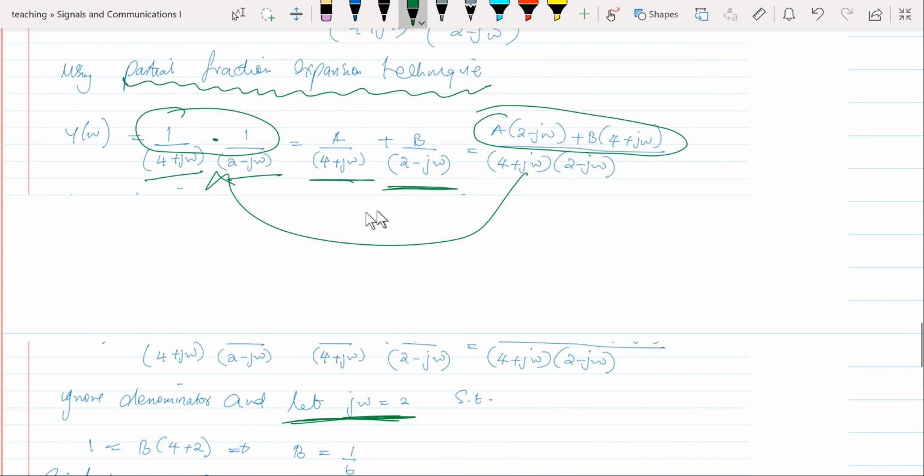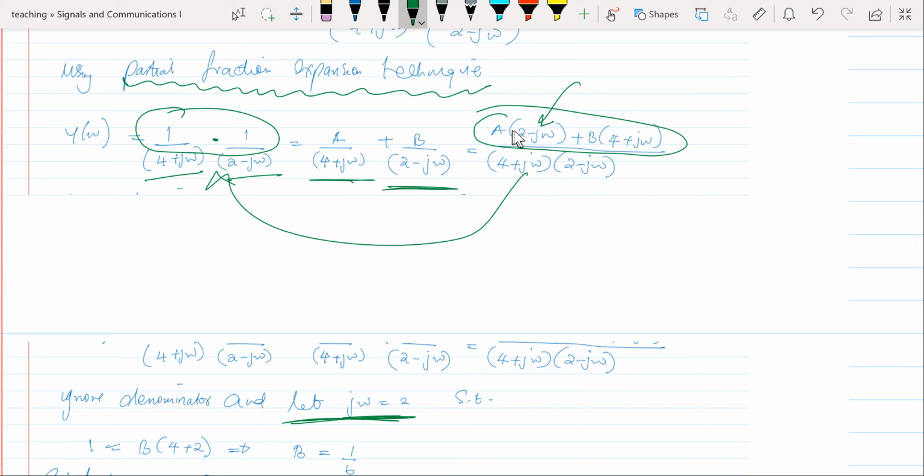If we let this term be equal to 2, this factor gives us a 0, but the other does not. So if we let j omega equal 2, then the factor multiplied by a goes to 0, and the other term remains with b. We replace j omega with 2, which becomes 4 plus 2, so 1 equals b times 6.